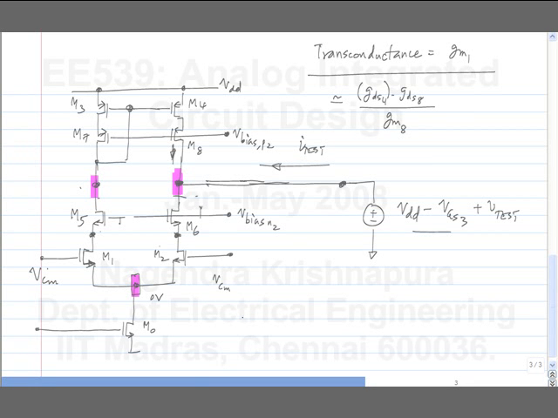Then what happens on the other side? If I apply V test here, what is the current that flows in here? So GDS1 times GDS5 by GM5 times V test. Is that what flows into the drain? Again, that current division happens like before. Now, if you try to analyze it exactly, it's even more complicated because of the presence of more transistors.